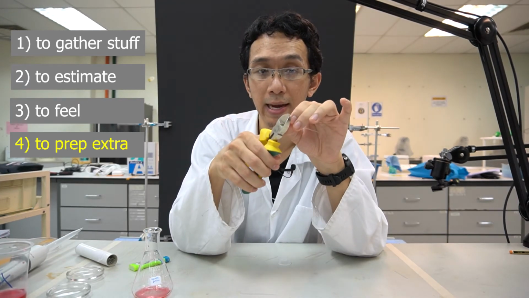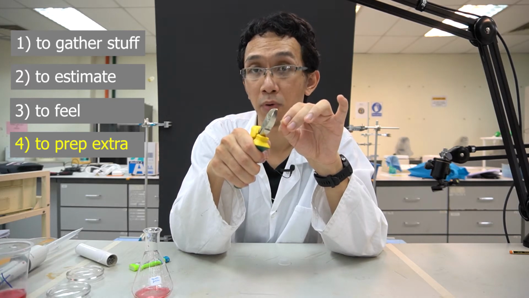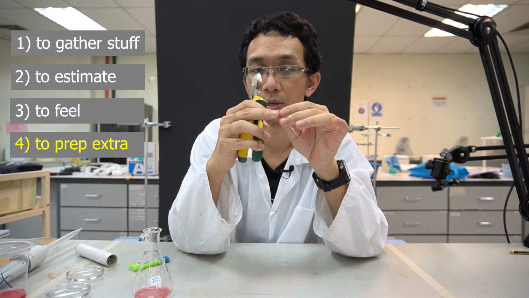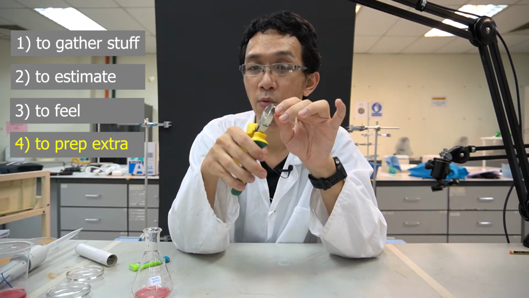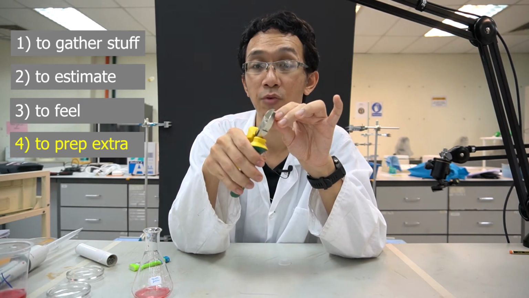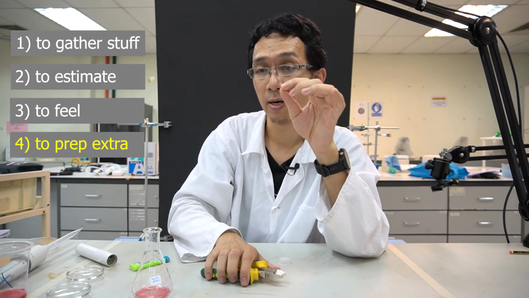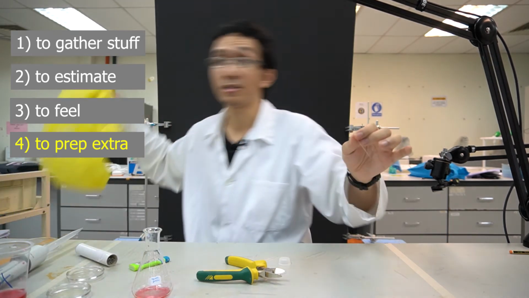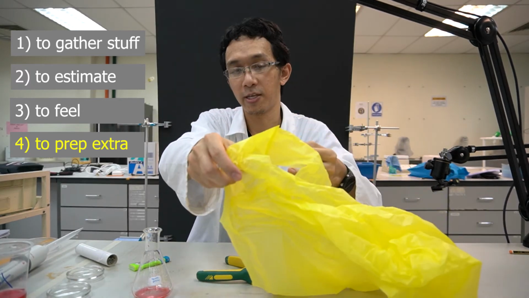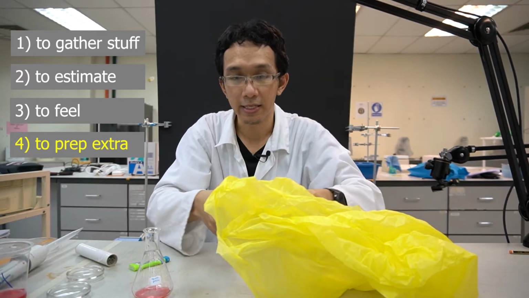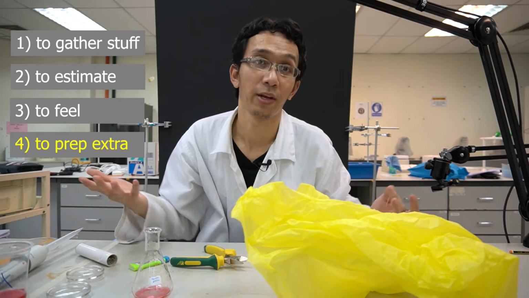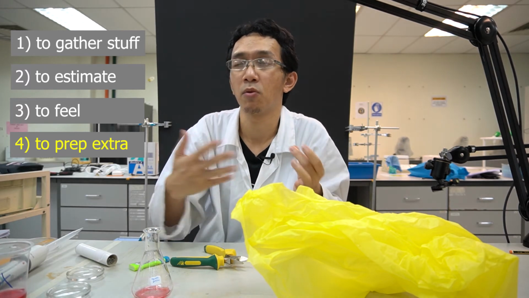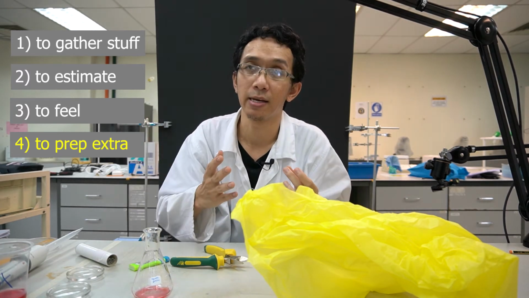I can just cut like this, but the problem is if I cut like this, being a very big diameter at the end, the glass will shatter. So that's why practicing ahead tells you that you need something like plastic like this, so that during the live stream you can do the clipping inside the plastic to avoid shattering the glass. So that is reason number 4, to prepare something that is not mentioned in the lab manual.